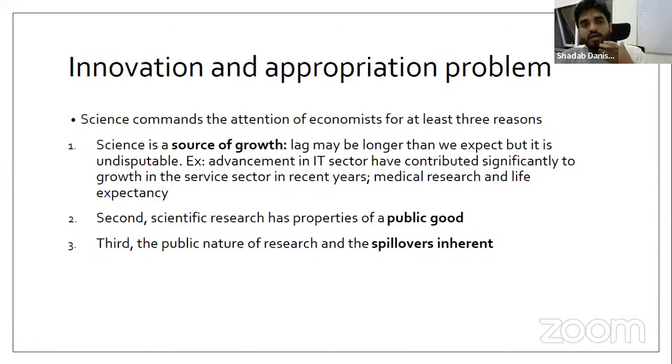The third point economists are interested in is the public nature of research and the spillover inherent in it. When any innovation happens anywhere in the world, it will be imitated by other countries or remodeled and worked on, and they will develop something from it. So there is a spillover effect of innovation.